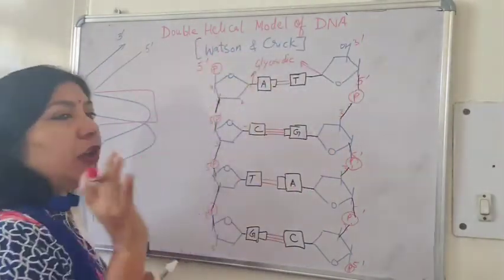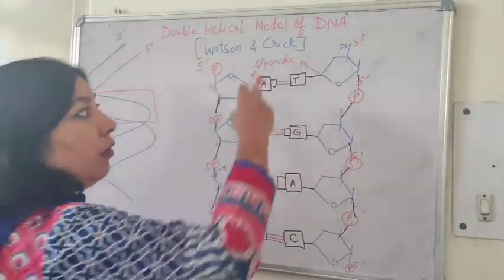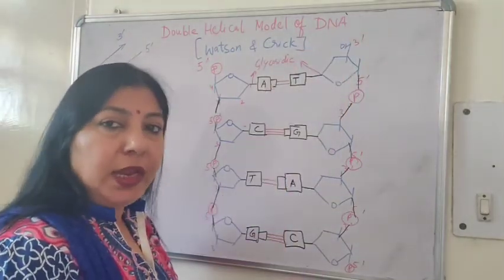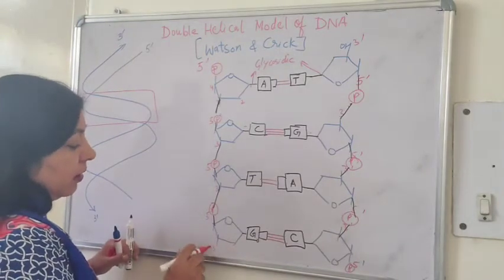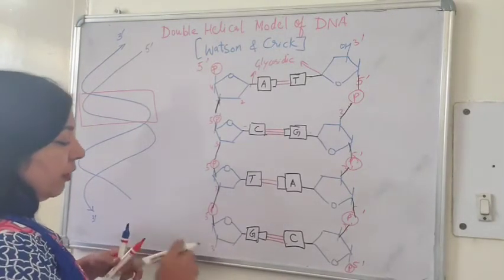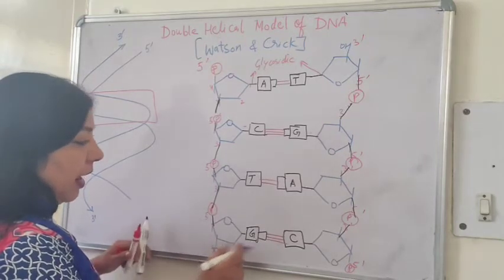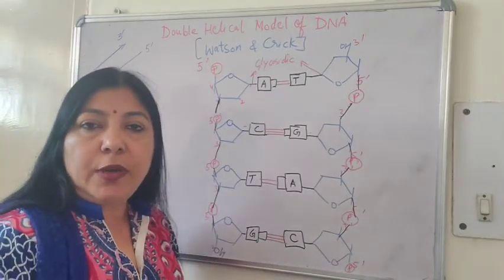On 5 prime there will always be a free phosphate group, and on the other chain the 3 prime end will be a free hydroxyl group. Likewise, here there will be a free hydroxyl group, 3 prime, and here a free phosphate group will be there.